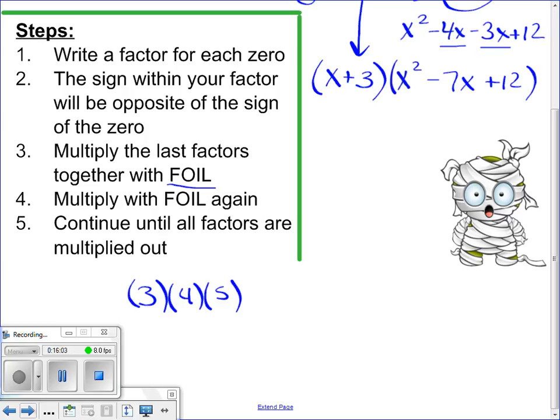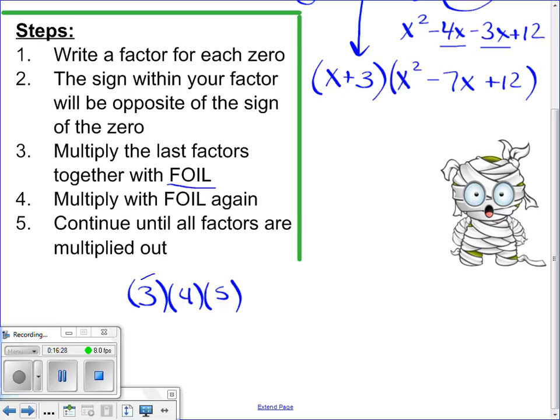She did 4 times 5, and then she took that answer of 20 and multiplied it by the 3, right? Makes it easier. Right, but could I have multiplied 3 times 4 and gotten 12 and then multiplied by 5?